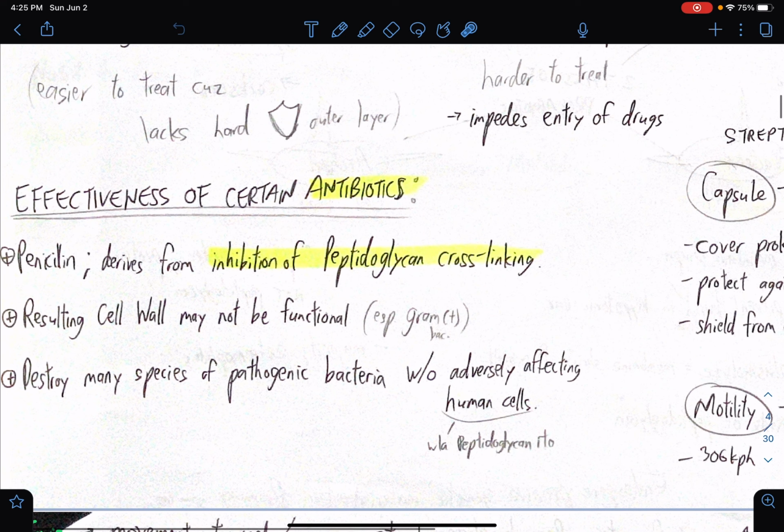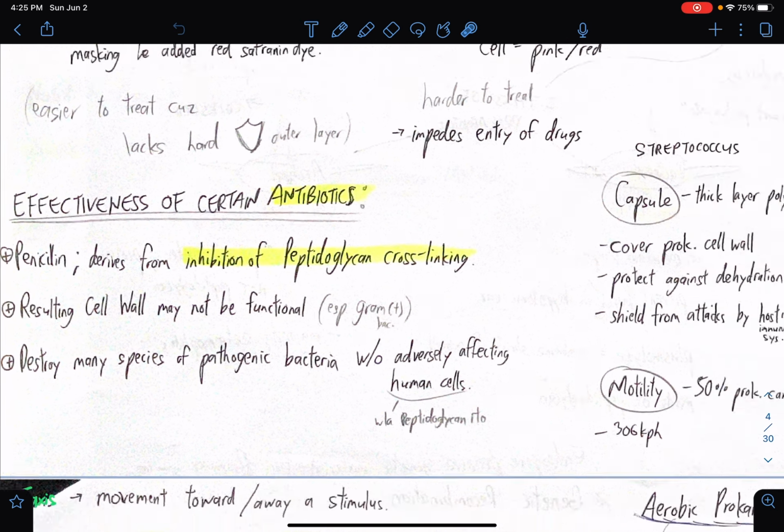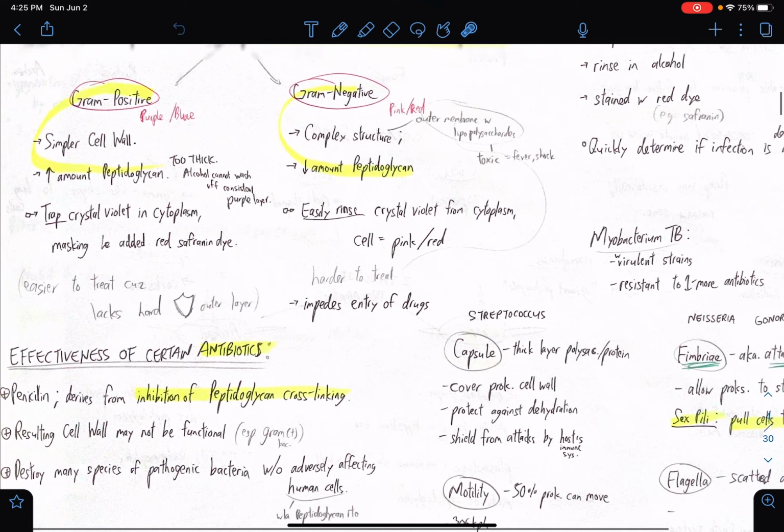Why? That's because antibiotics only target bacteria or entities that contain peptidoglycan. Human cells are not affected because they don't have peptidoglycan. So that's basically the logic of it.